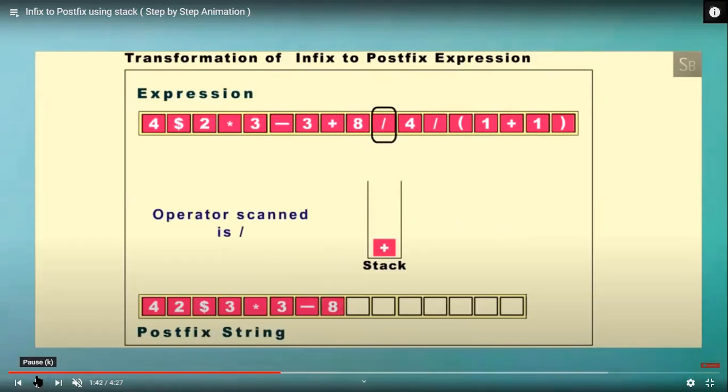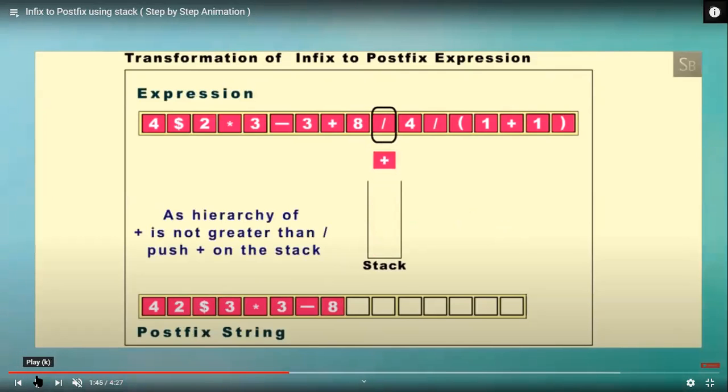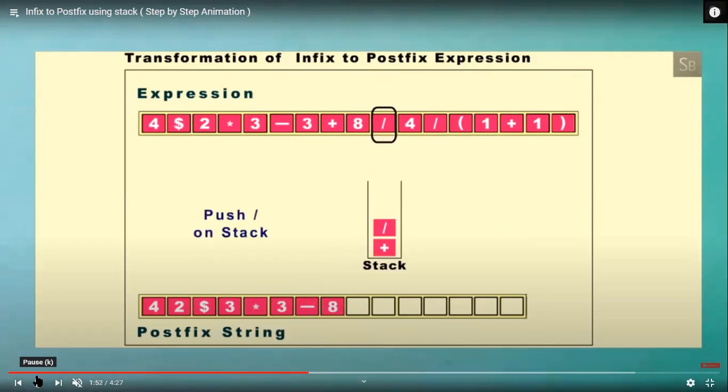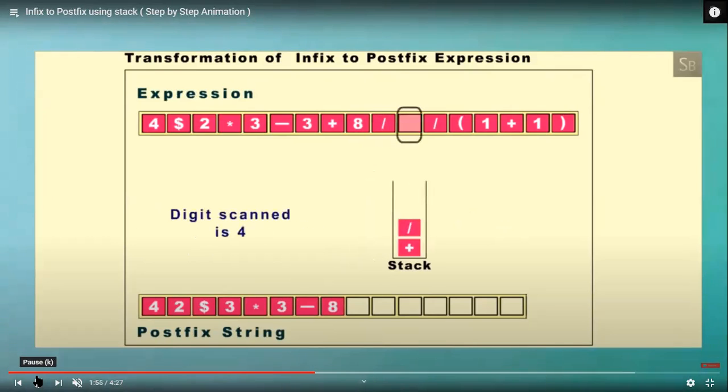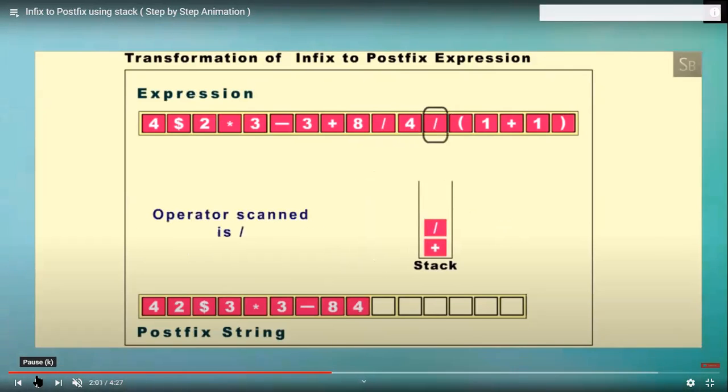Then we have the slash operator. When we compare slash and plus, we know that the hierarchy of plus is not greater than slash, so we push slash on top of plus. The next digit that we scan is 4. 4 is a constant, so it will be placed in the postfix string.